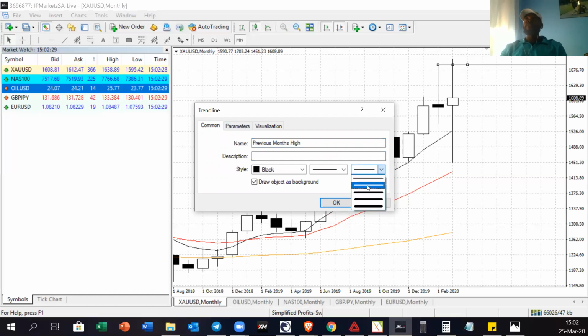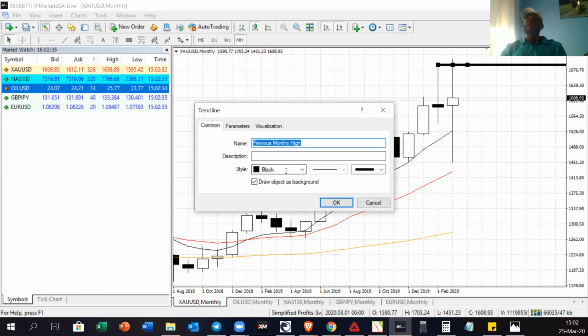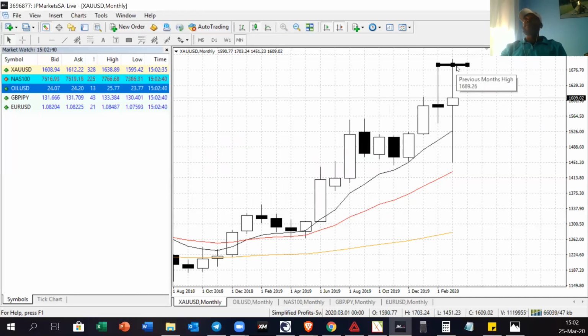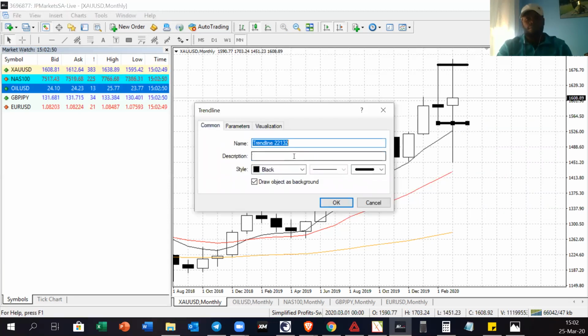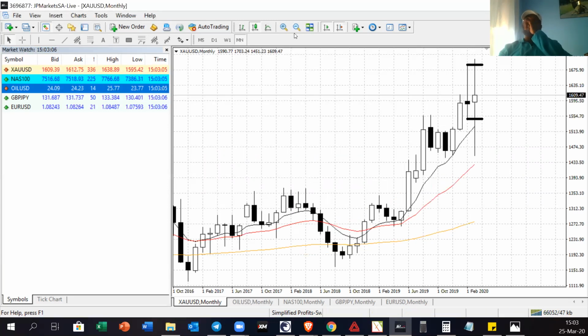Previous month's high is this level here, 1,689. And we're also going to look at last month's low, which was 1,546.